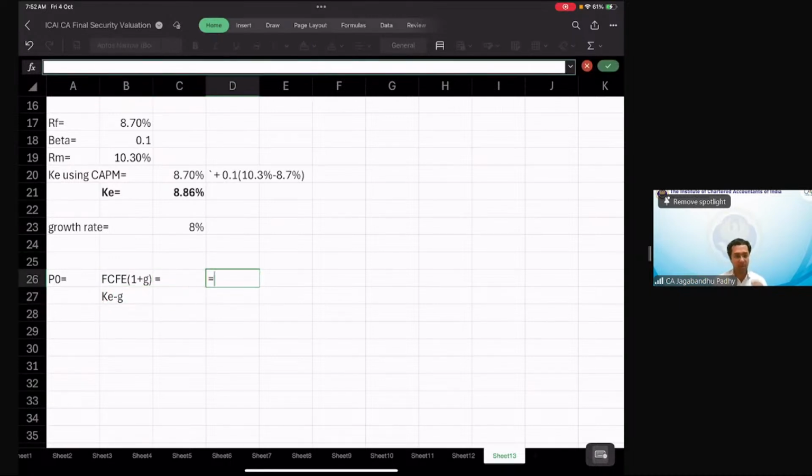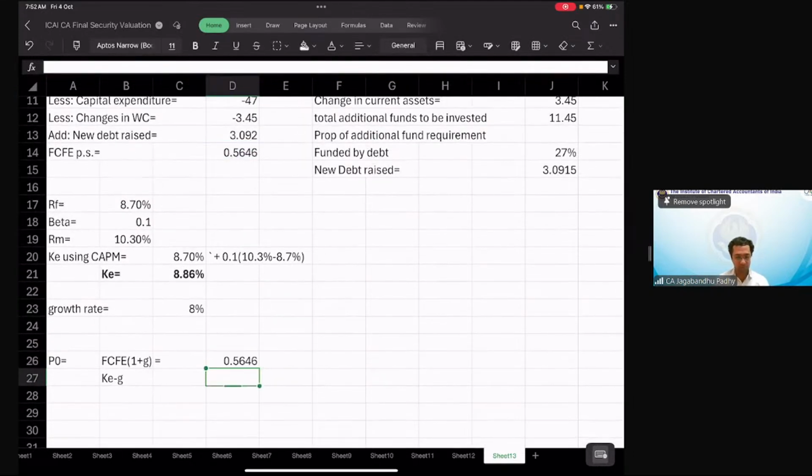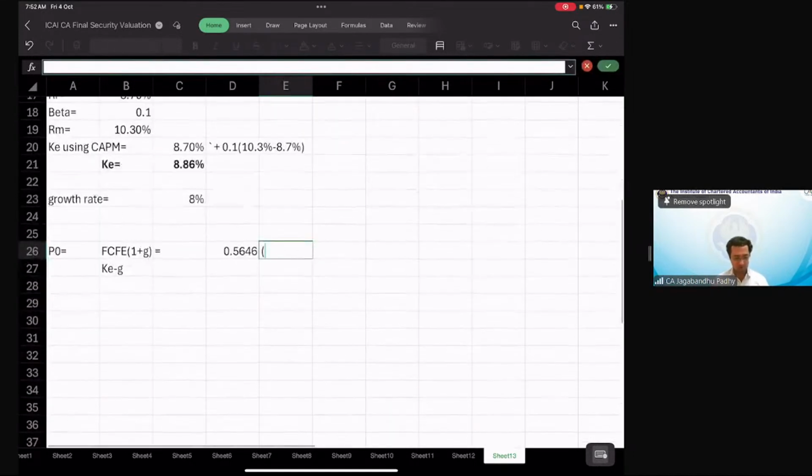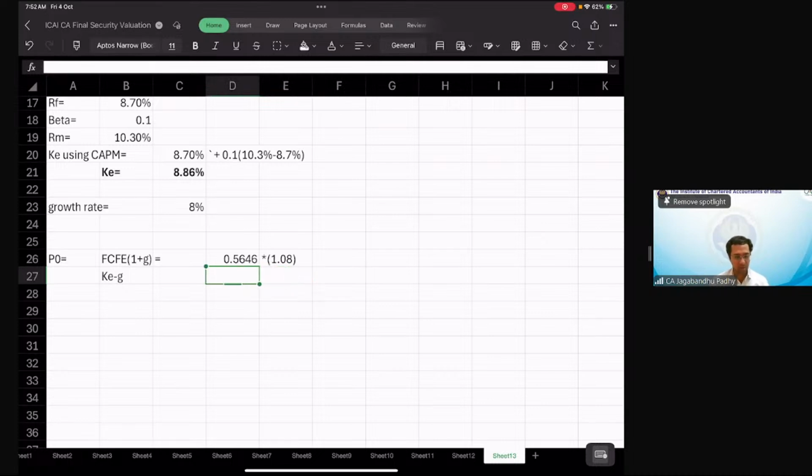So this works out to be FCFE of 0.5646 multiplied by 1.08, divided by K minus G, 0.0886 minus 0.08.